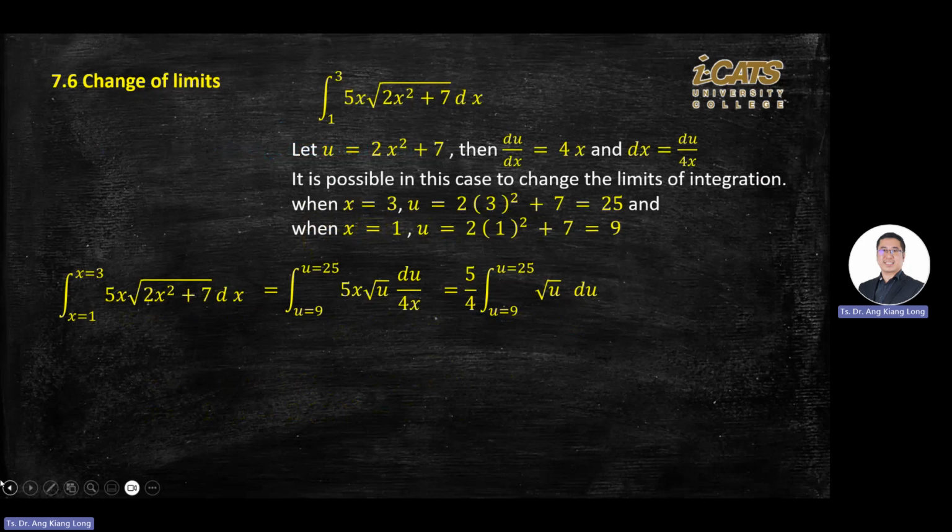So here you do simplification. du divided by 4x multiply 5x, you cancel the x. Take out the x, so you arrive at 5 over 4. Integrate u value and square root of u du. So in this equation, you only have u and do not have x. If you see x, it means something is wrong in your conversion.